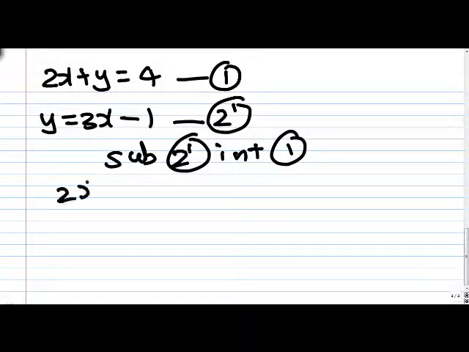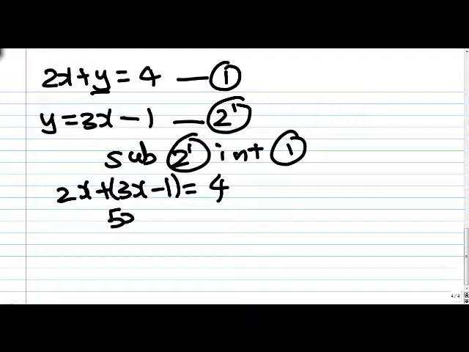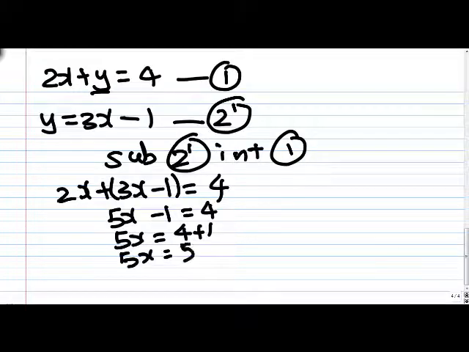So 2x plus y equals 4. Since we know y is equivalent to 3x minus 1, we just do some substitution: 2x plus 3x minus 1 equals 4, so 5x minus 1 equals 4. I shall shift negative 1 over to the right hand side of the equation. I get 4 plus 1. 5x equals 5. x equals 5 divided by 5.